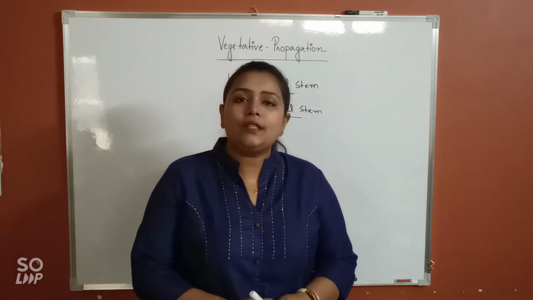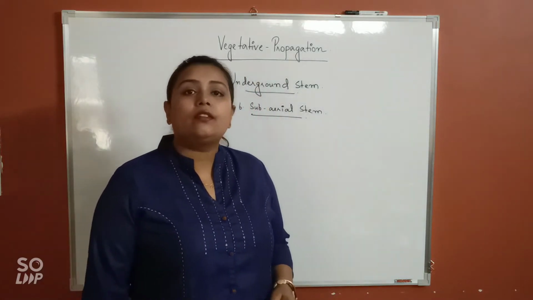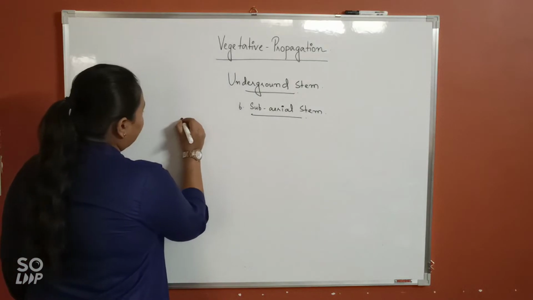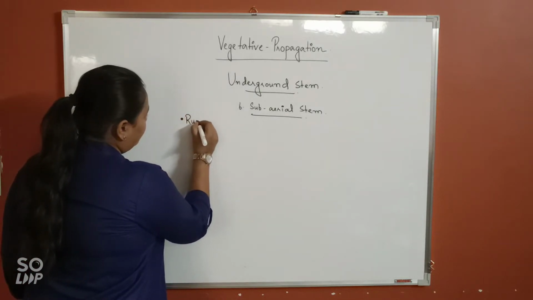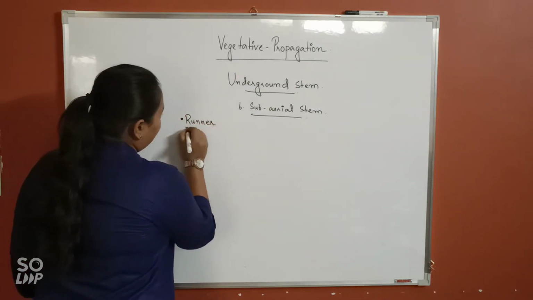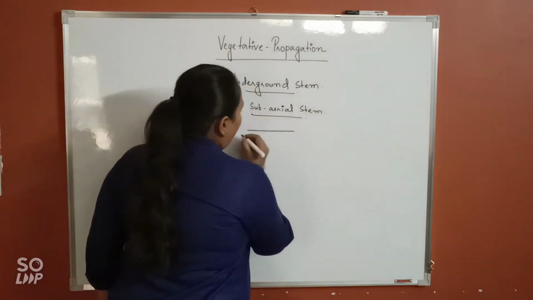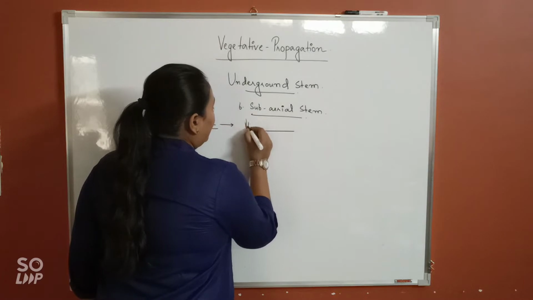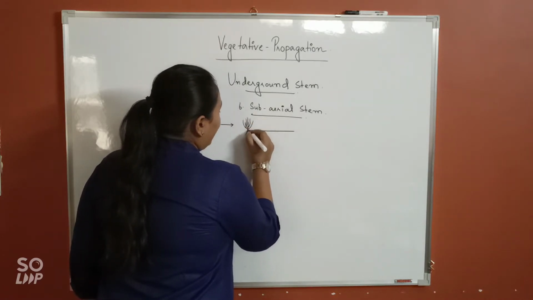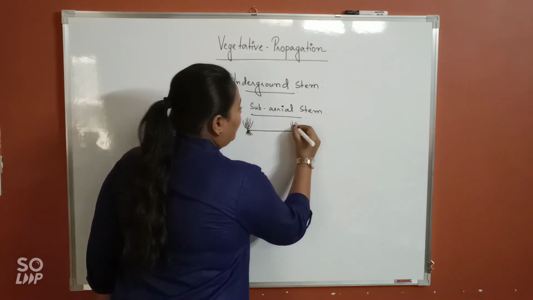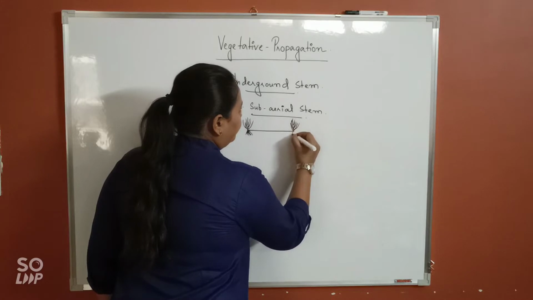Now among the subaerial stem, let's start with runner. Runners are horizontally or prostrate, trailing elongated stems which will bear nodes and internodes.